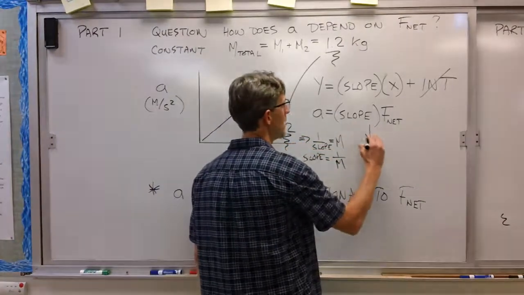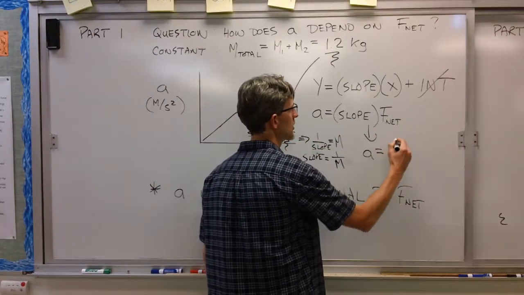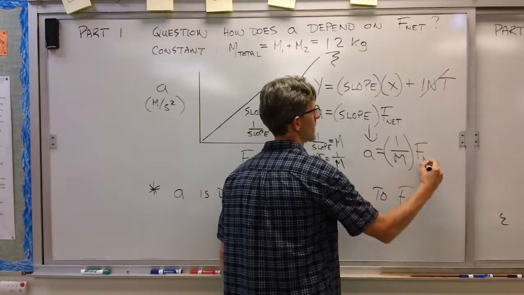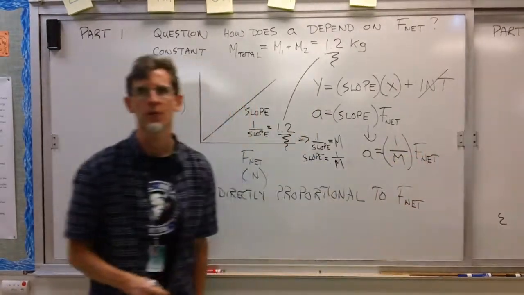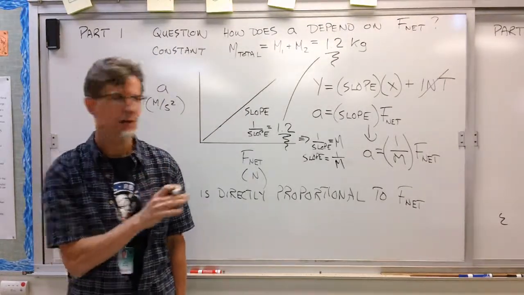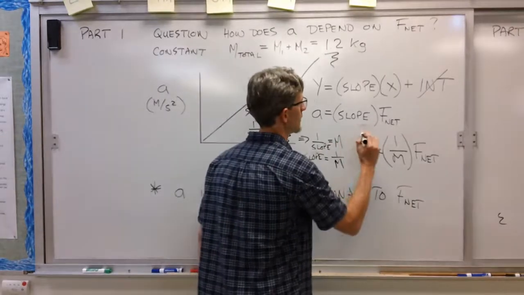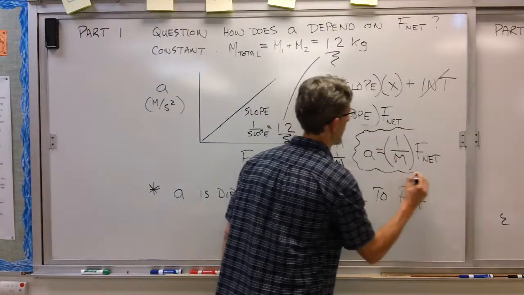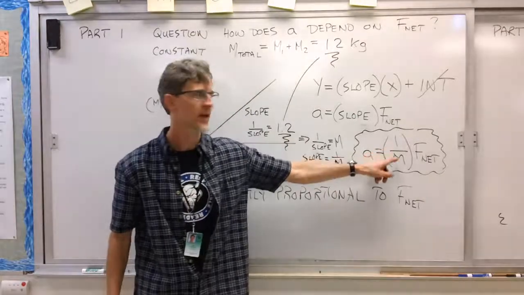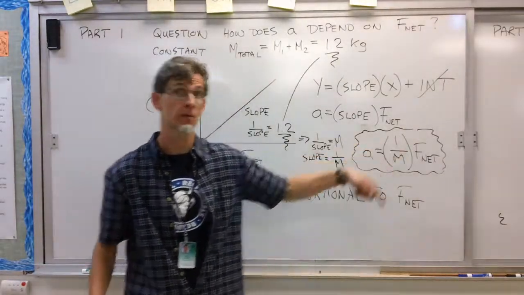So I think maybe that this formula really should be acceleration is equal to 1 over mass times net force. That's my hypothesis based on this first data set. I'm going to say that this could be true. Right? I'm not totally sure. I need more data. But it looks like the slope has this meaning where the slope is 1 over the mass.